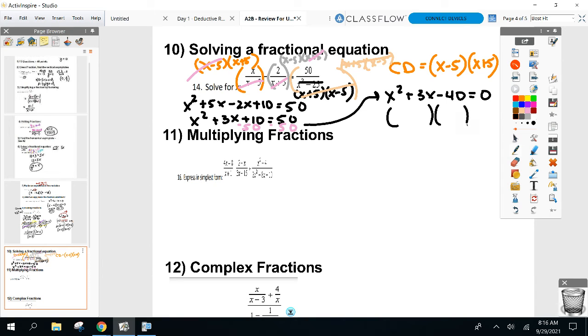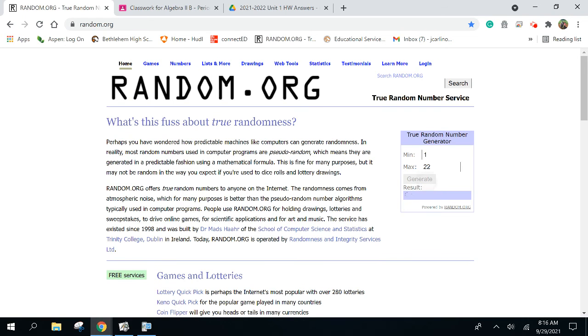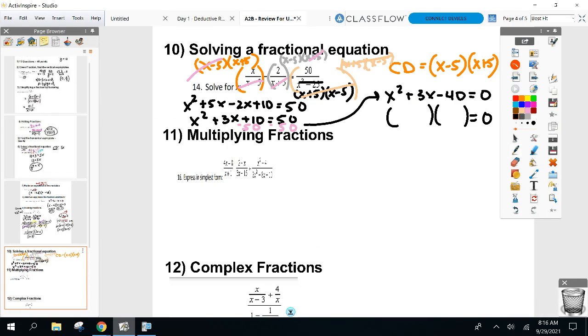Number out in front's 1. Got those 2 numbers? Sarah, what do you got back there? Okay, 2 numbers that multiply to 40 but are 3 apart. Let me know when you get there.